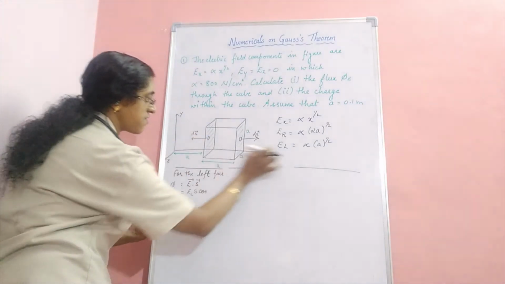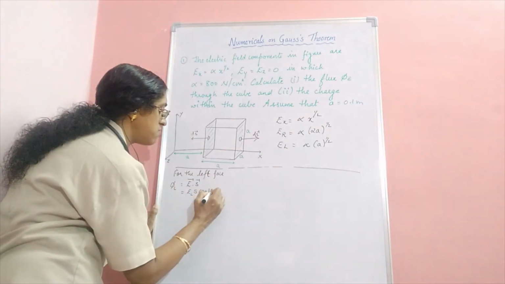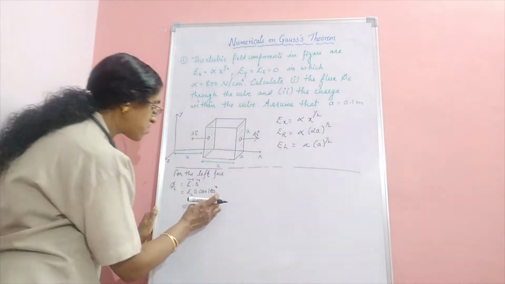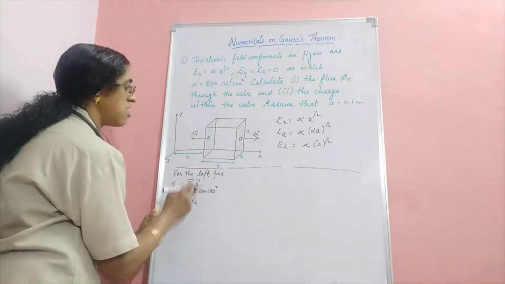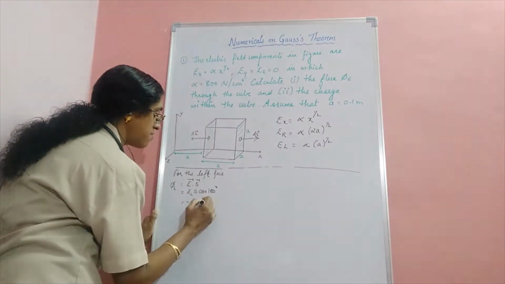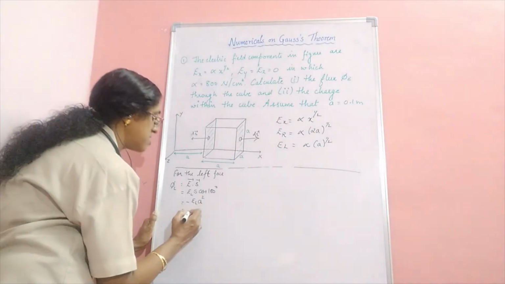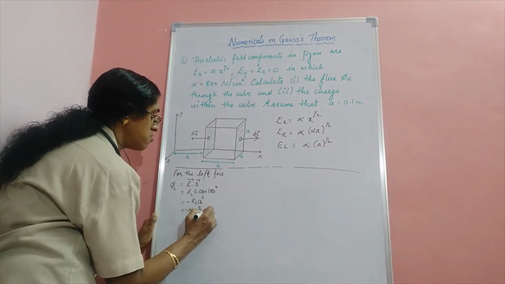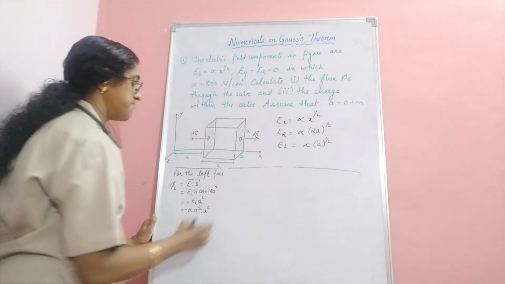The electric field is in this direction and the normal to the face is in this direction, so the angle between them is 180 degrees. As you all know, cos 180 is equal to minus 1. Hence, I'll write it as minus EL into the surface area of this face, which is A square. Now, what is the value of EL? EL is equal to alpha A to the power of 1 upon 2, into A square. So this is for the left face.